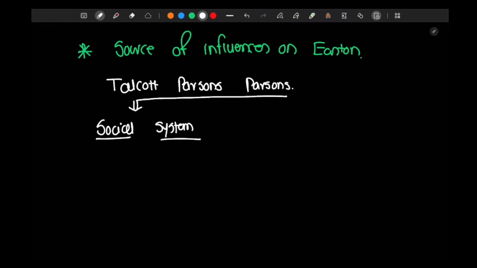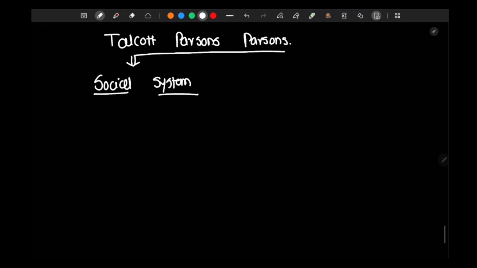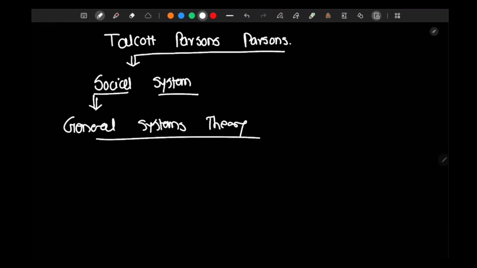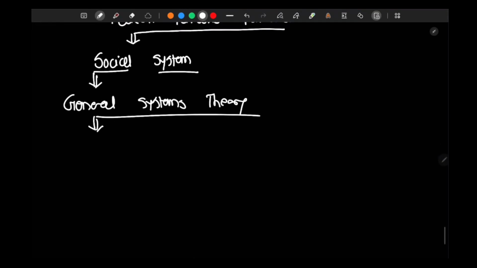Talcott Parsons analyzes a system through unit analysis, right? This social system is based on general systems theory of Ludwig von Bertalanffy.